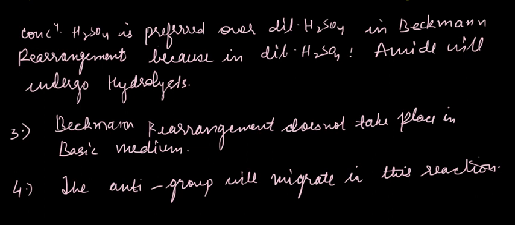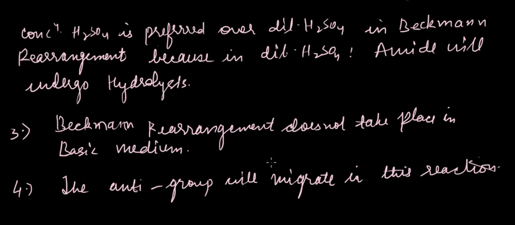So what do we mean by the anti group will be migrating in this direction? As we saw in the previous example, the rearrangement is different from the pinacol-pinacolone rearrangement. In the pinacol-pinacolone rearrangement, we saw the inversion of the configuration, in which the group having more migratory aptitude would be moving, right? But in the Beckmann rearrangement, the group which will be moving, which will be attacking the anti-bonding orbital, should be anti, right?